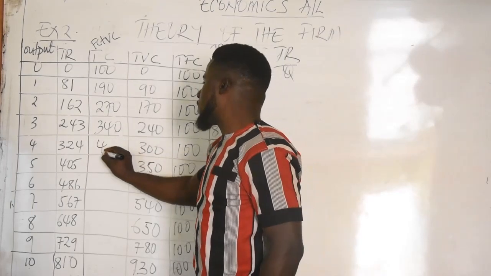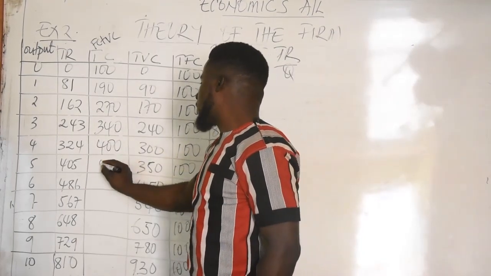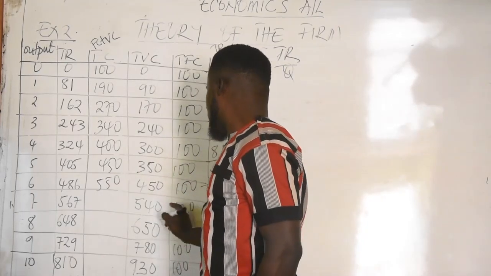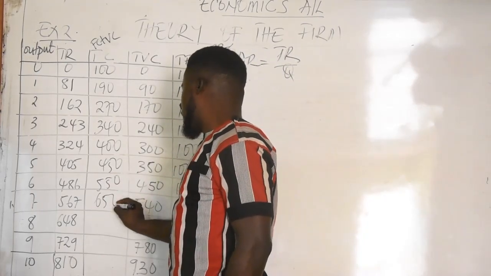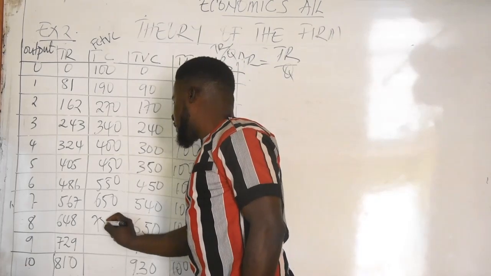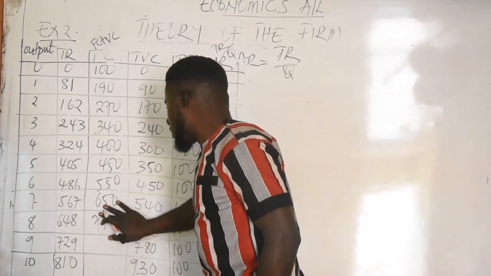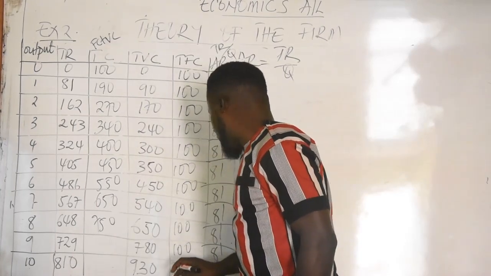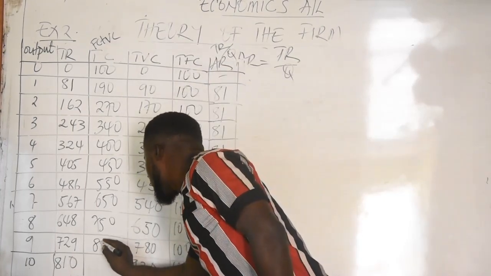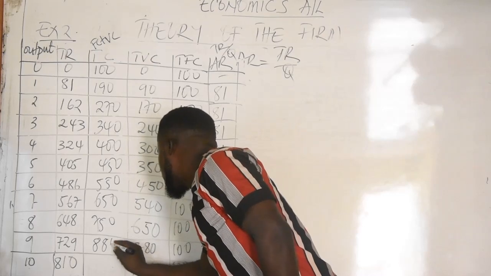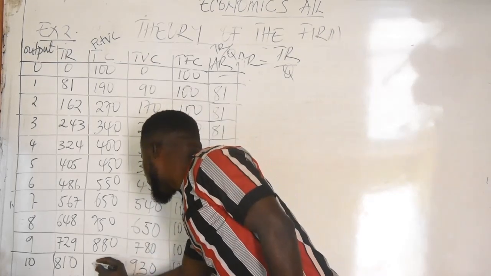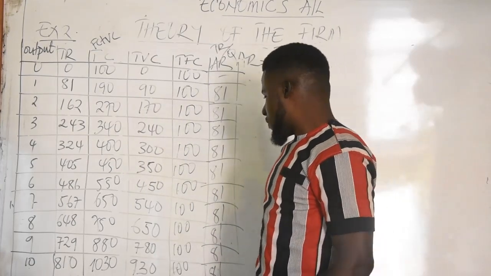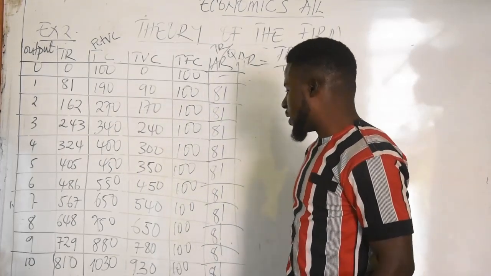This plus this, 400. This plus this, 450. This, 550. This, 650. We have 750. Then this we have 880. And then this we have 1030. Alright? We have 1030.